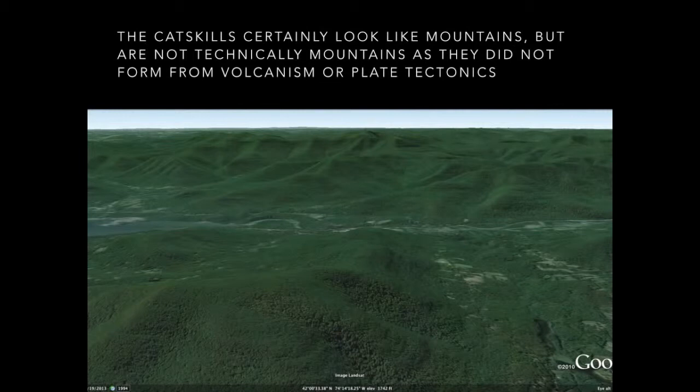Now, the Catskills are usually referred to as the Catskill Mountains, but technically they're not, because they didn't form from plate tectonics. They didn't form from volcanoes erupting or plates crashing together. They're actually a plateau that has been carved out by glaciers. So all the valleys have been carved out by glaciers and now currently by streams.